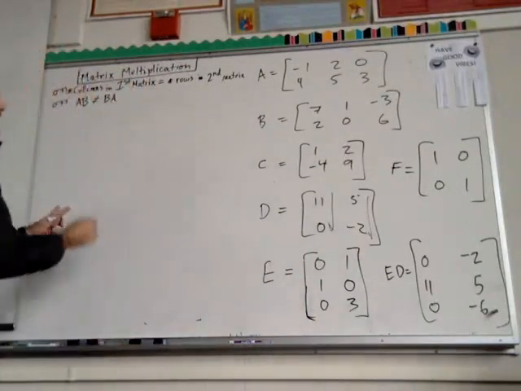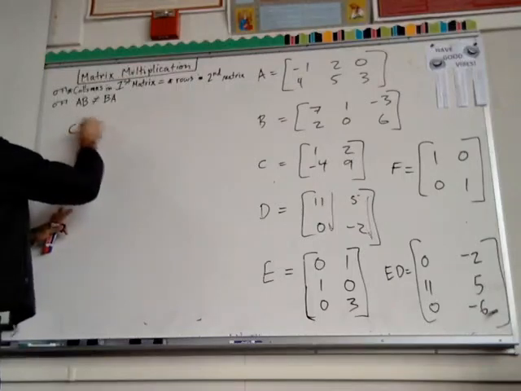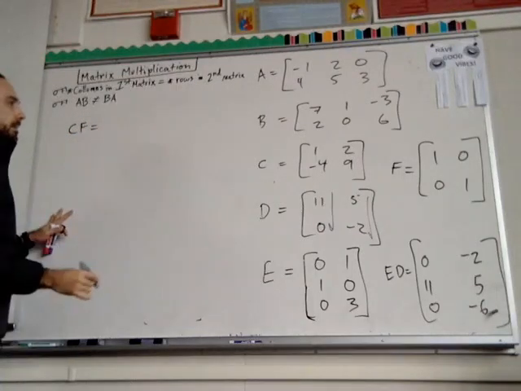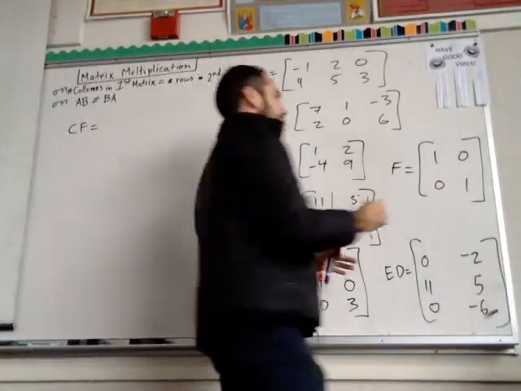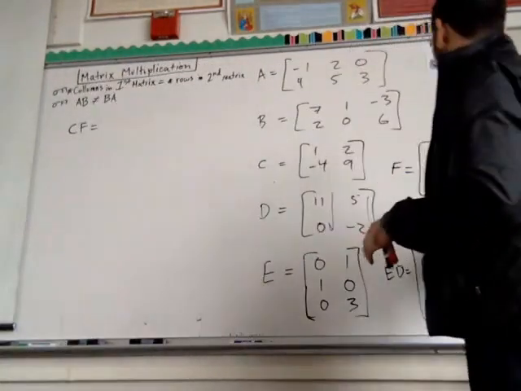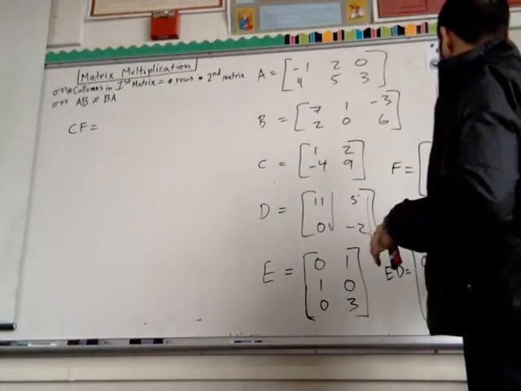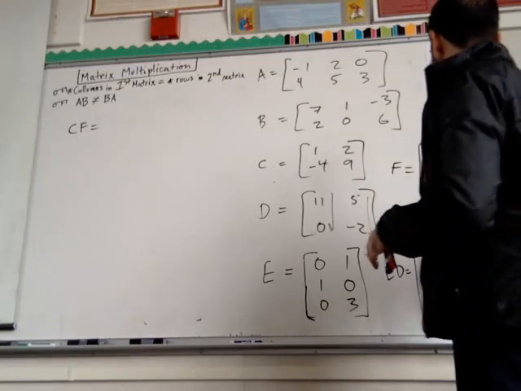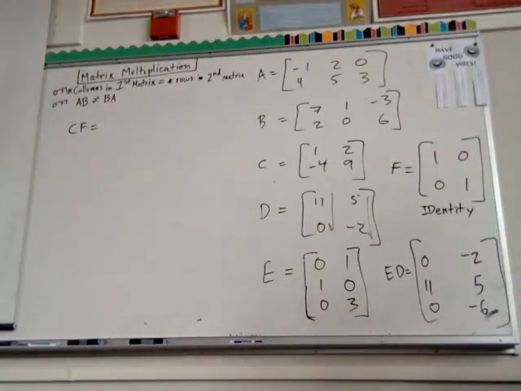Okay. So what I'm going to suggest here is we're going to multiply CF. And what I'm going to propose to you is this right here is the identity matrix. Identity matrices always have the same number of rows and columns. They're always squares. Always squares. So you can have 2 by 2, 3 by 3, 4 by 4.